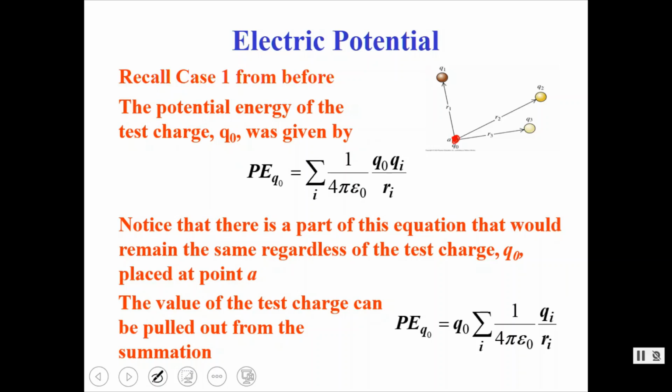Action at a distance starts to fall apart when you start talking about EM radiation, relativity and so forth, where Newtonian mechanics doesn't hold. So by removing the need for a test charge, you're removing the need for action at a distance and creating a field model, which is much better for everything else that we are going to do this unit.